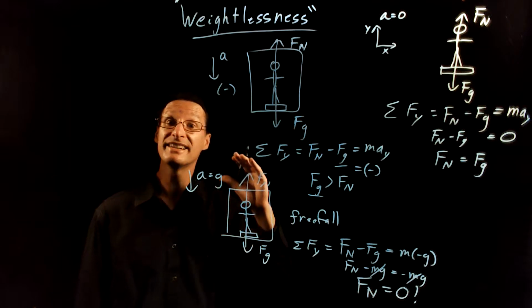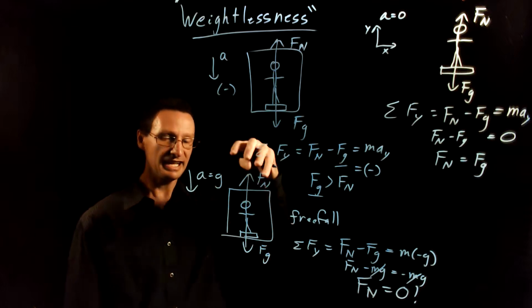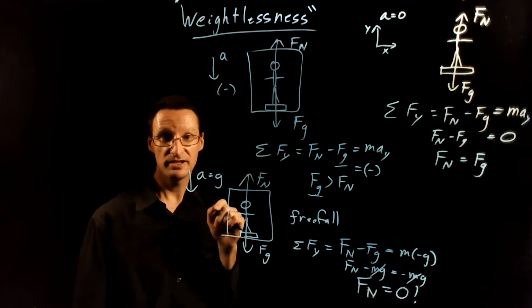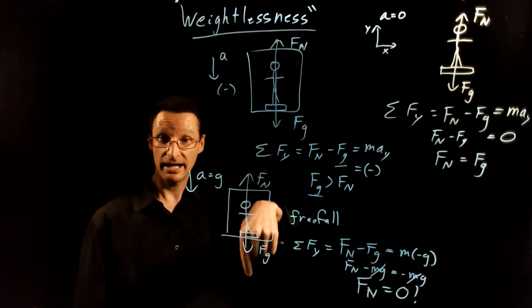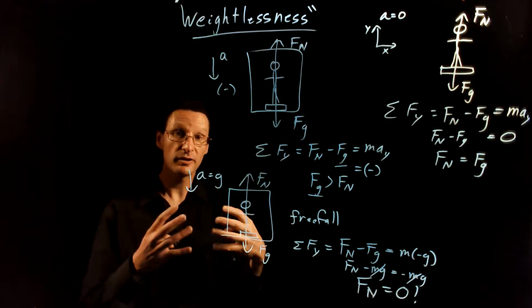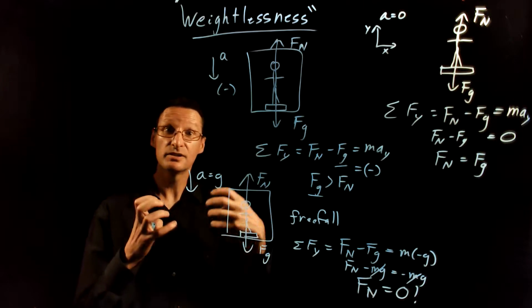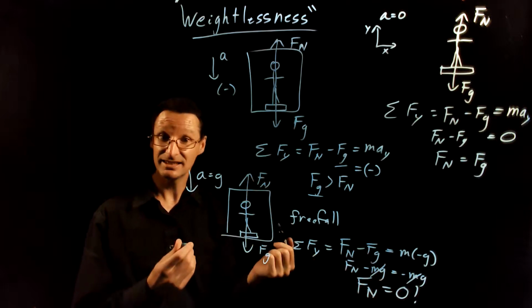The scale will read 0. And why it reads 0 is that the elevator is accelerating down with g, the scale is accelerating down with g, and I'm accelerating down with g. And we're all accelerating together. We don't need to touch each other. We don't need any more contact forces to maintain that state of motion. And so the normal force is 0.